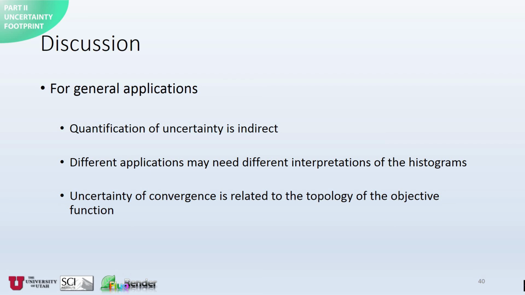We may also interpret these histograms differently. Intuitively, if the topology of the objective function in an optimization problem is complex, with many saddle points in close proximity, we would expect the path to achieve convergence to be circuitous. Otherwise, the process should look straightforward and confident.